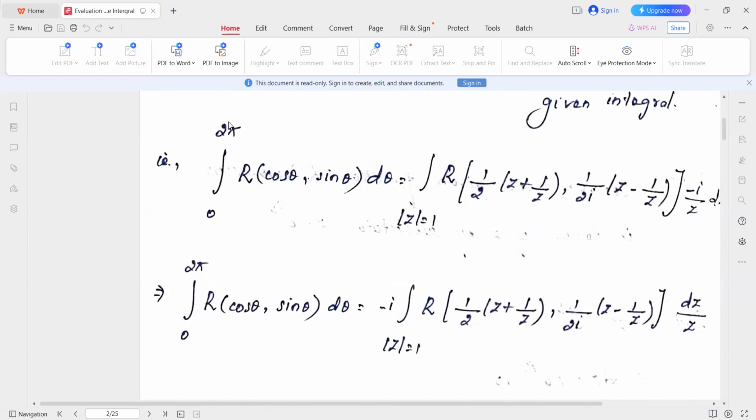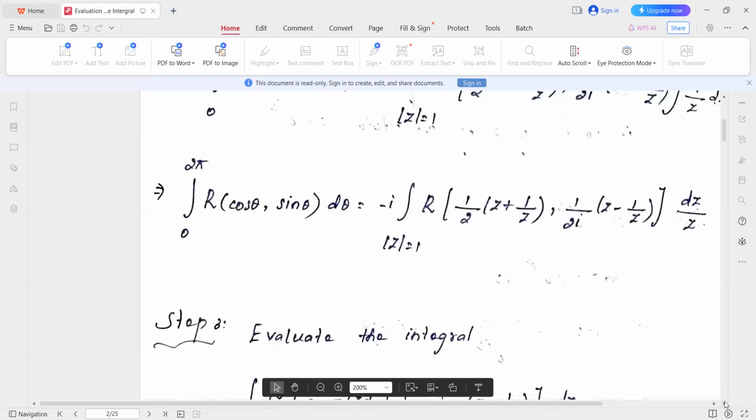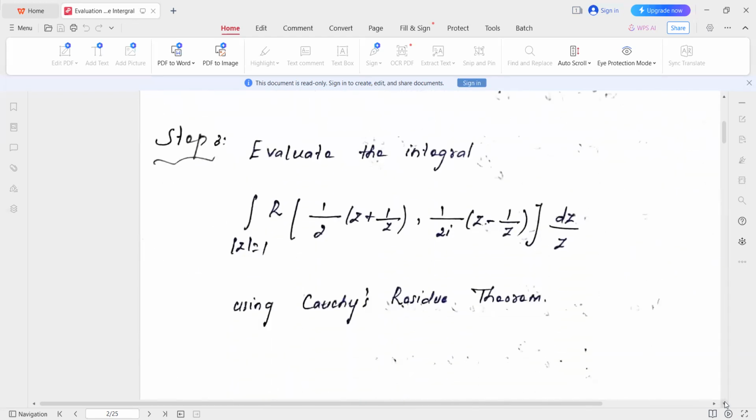In polar coordinates, 0 to 2 pi is a circle, so in Cartesian coordinates 0 to 2 pi becomes mod z equal to 1, a circle with center 0 and radius 1, that is mod z minus 0 equal to 1. Step 3 is to use Cauchy's residue theorem to evaluate this integral.